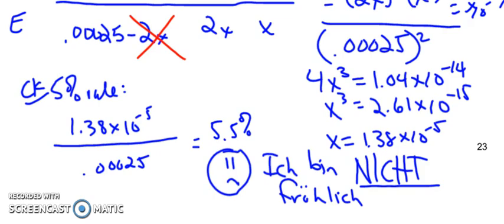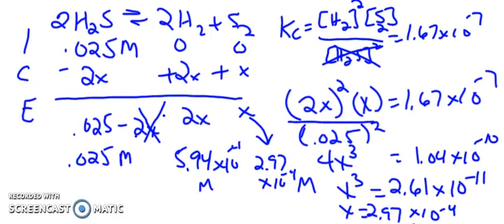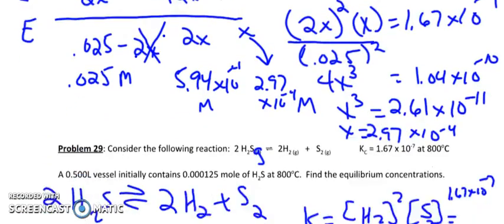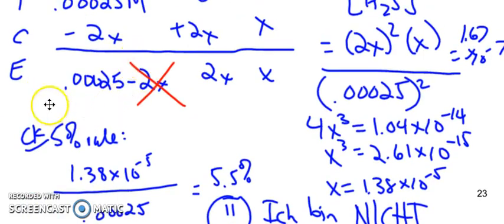And what else can we maybe draw from these first two problems? What changed so that it worked in the first case and didn't work in the second case? It was your initial concentration. So you've got to be really careful when your initial concentrations are really small, like it is here. The 5% rule does not really work.